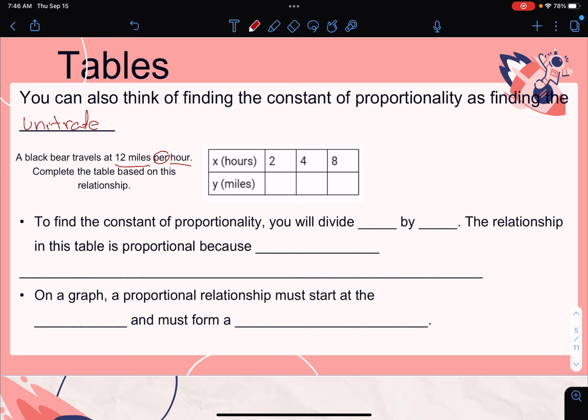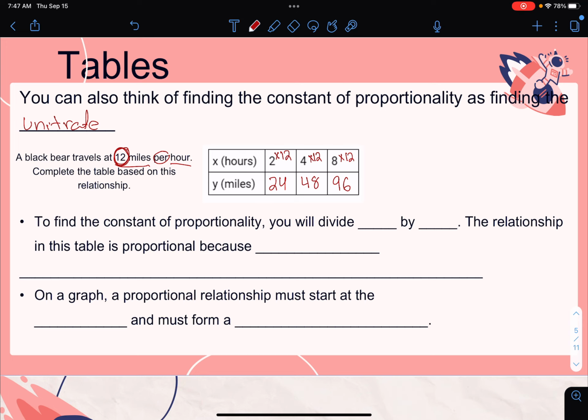So if they travel 12 miles in 1 hour, we can just multiply that number by 12. In 2 hours, it's going to travel 24. In 4 hours, it's going to travel 48. In 8 hours, it travels 96. We're just multiplying the x by our constant right here, which is 12, to find y.